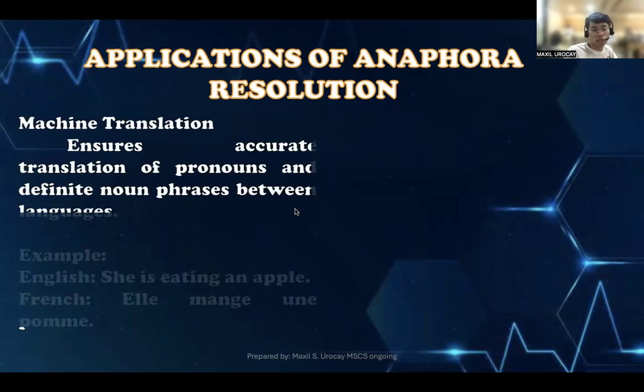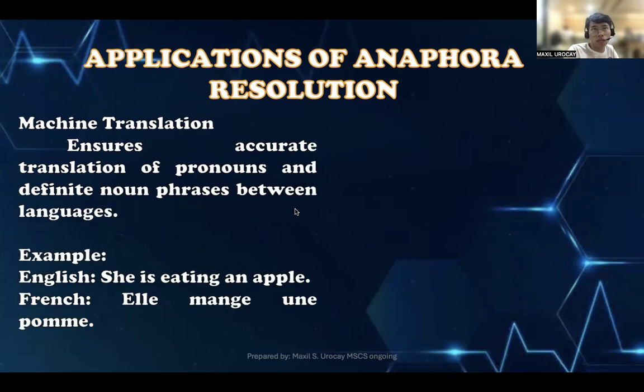Then, of course, in machine translation also. Say, for example, in Google, you can definitely see that there is English to French translation, English to Hiligaynon translation. So that actually ensures accurate translation of pronouns and definite noun phrases between languages.